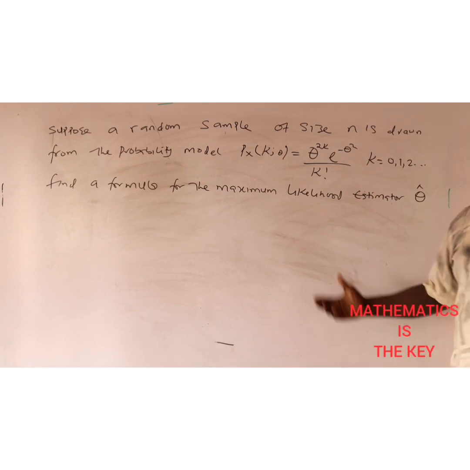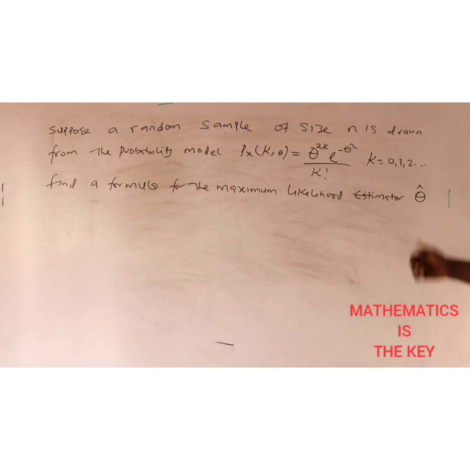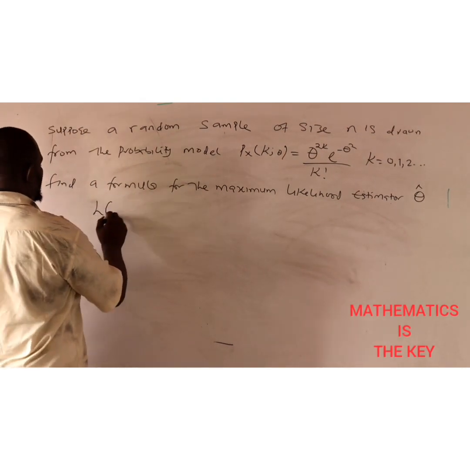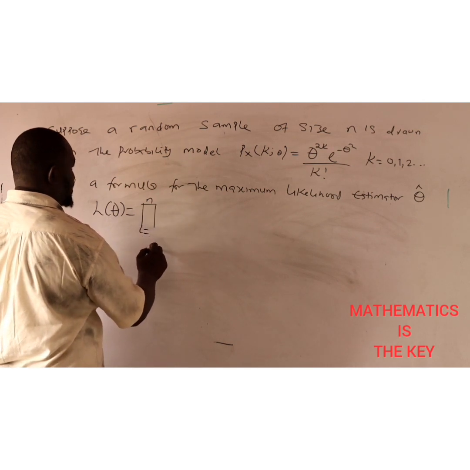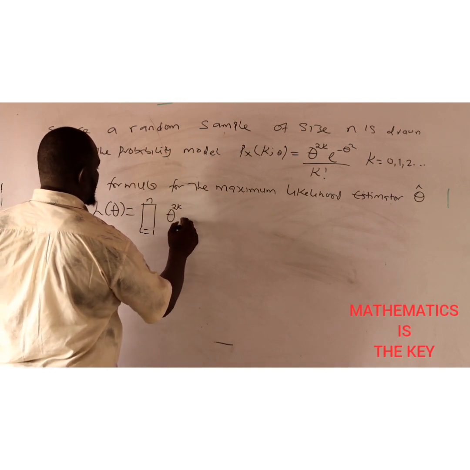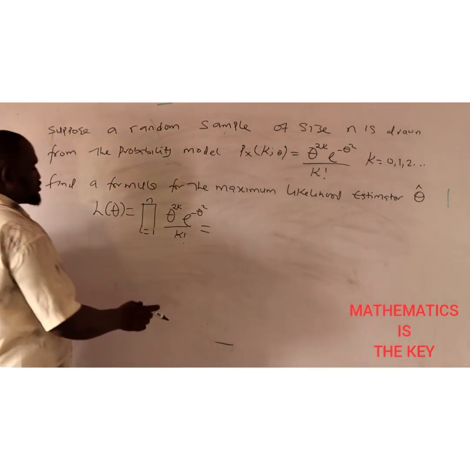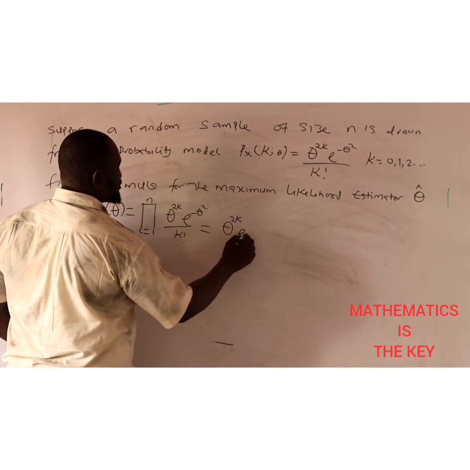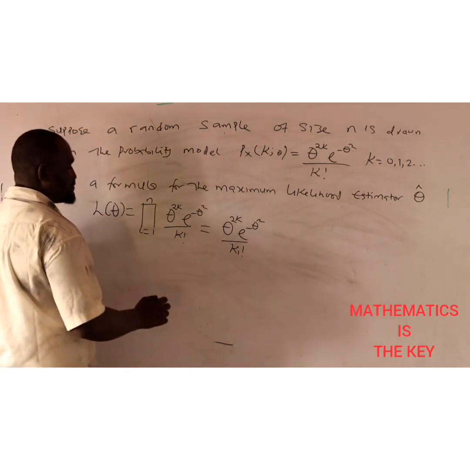Okay. Now in this example, with the given information, to find the maximum likelihood estimator, we begin by finding the likelihood function of theta. So it's going to be the product, evaluated at the different ki's, of theta to the power of 2k exponential of minus theta squared all over k factorial. So at the first point, you are going to have theta to the power of 2k1 exponential of minus theta squared all over k1 factorial.